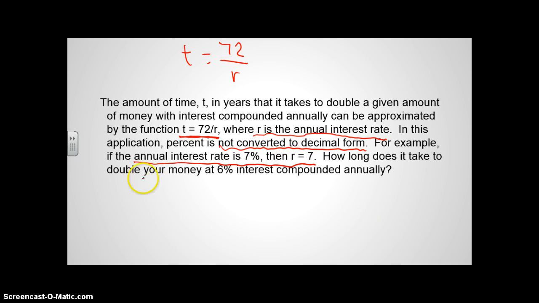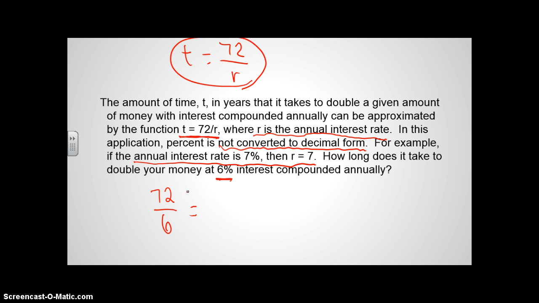How long is it going to take to double your money at 6% interest compounded annually? So we're going to use this formula, given our R is 6%, to find how long it's going to take to double our money. So I'm going to set this up as 72 over my percent. Remember, you don't change that to a decimal. It stays just 6.